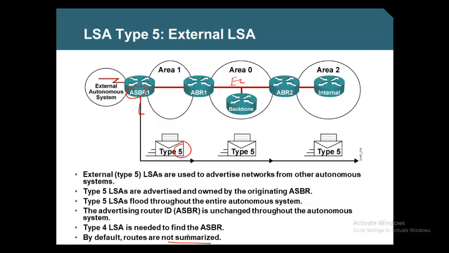If you want to summarize all the area 2 networks, you need to do ABR summarization. Note down the words I am pronouncing. If you want to summarize the networks of area 2, you need to do ABR summarization. If you want to summarize the networks coming from outside the autonomous system, you need to do ASBR summarization.